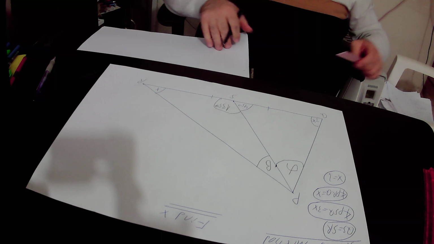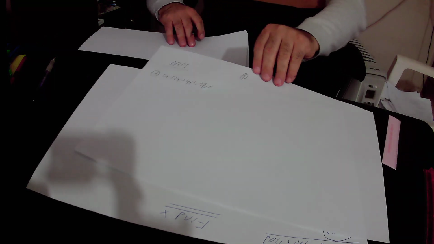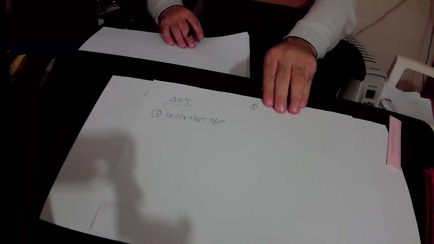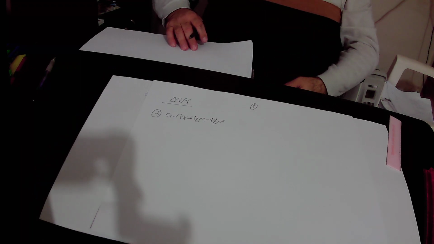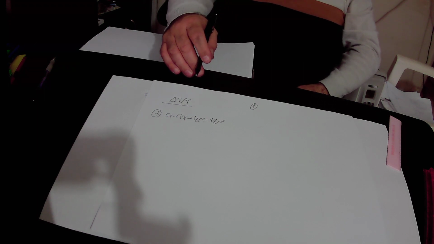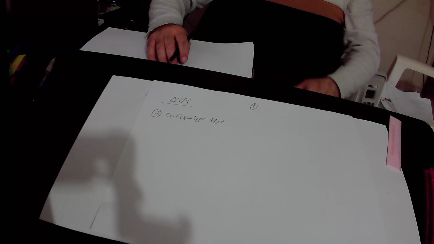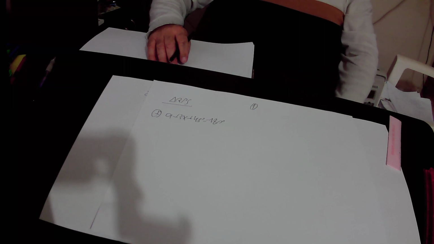I will repeat again. According to the rule that the sum of the angles in any triangle is equal to 180 degrees, the sum of the angles in triangle QPS must be equal to 180 degrees. That is to say, alpha plus 3x plus 45 degrees equals 180 degrees.